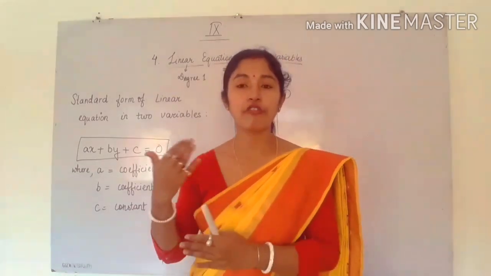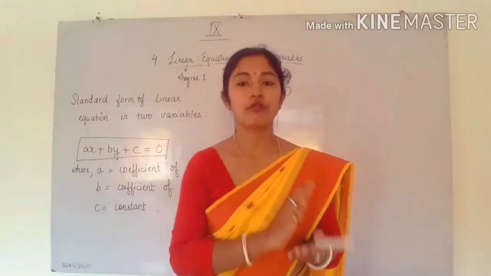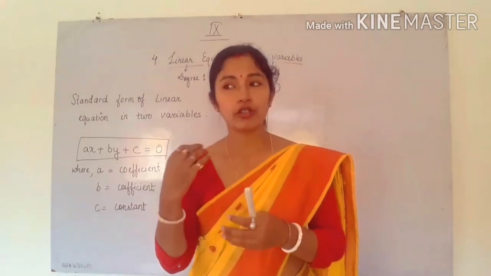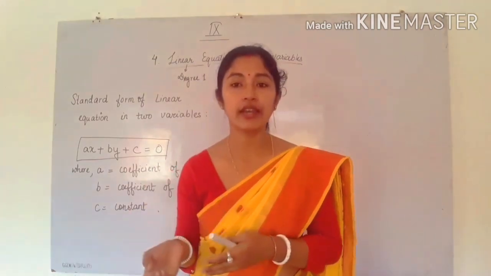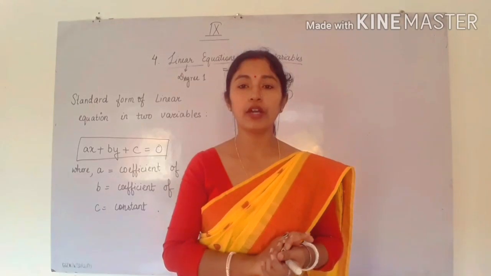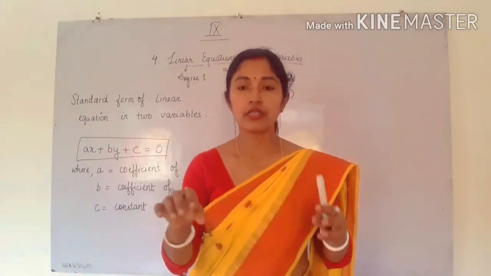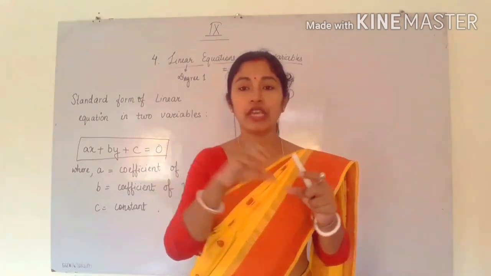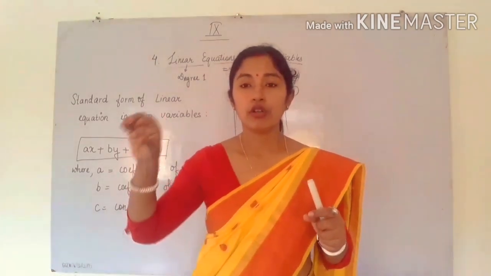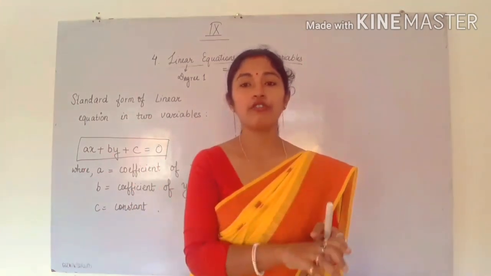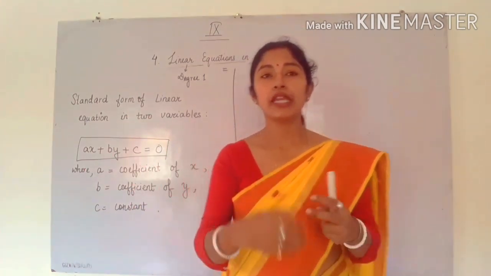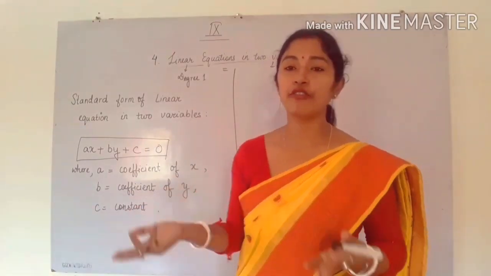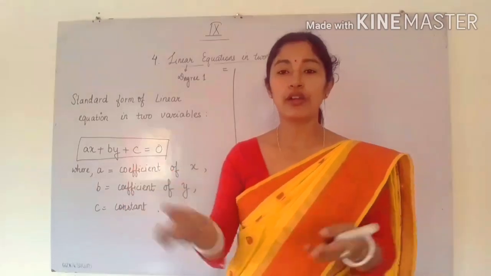If the cost of the pen is rupees 5, then the cost of the notebook should be rupees 10. If the cost of the pen is rupees 10, then the cost of the notebook will be 20. These are the numbers we can assign to the cost of the pen and the notebook, but there are many possibilities. For example, the cost of the pen may be 50, 100, or 200 also.